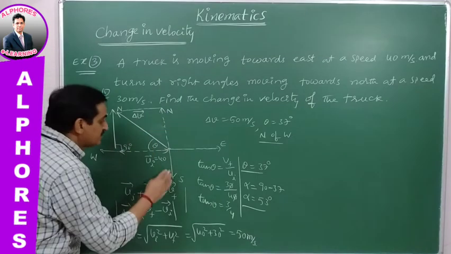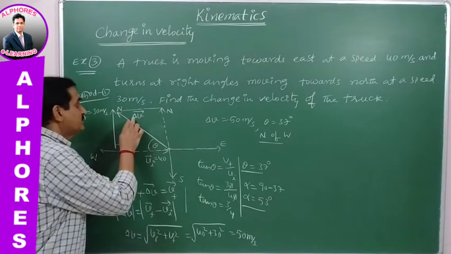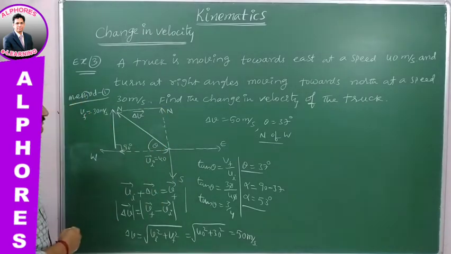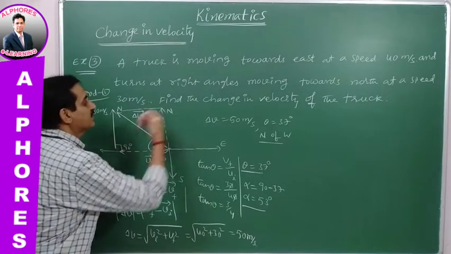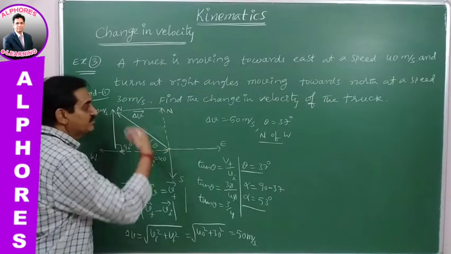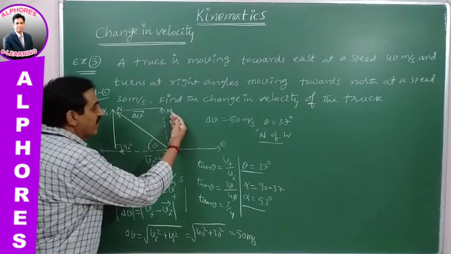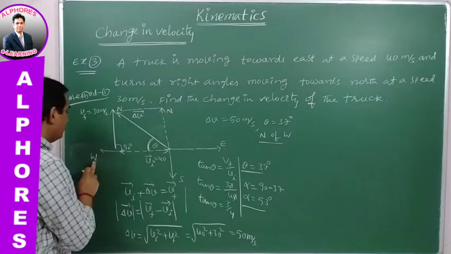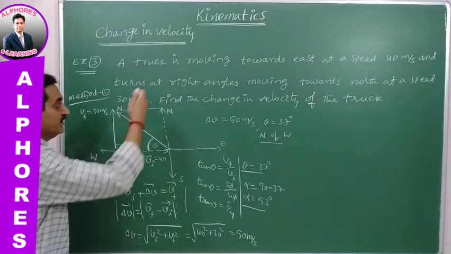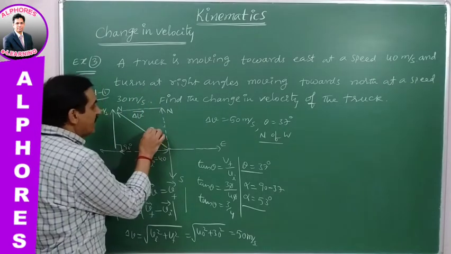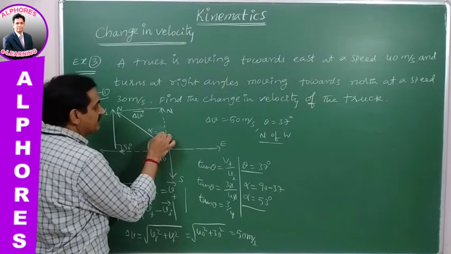In north-south, the change in velocity is towards north or towards south. From the diagram it is towards north. So decide first, and the name starts from north: north of west, because it is actually making an angle with the west direction. And similarly, suppose alpha is equal to 53 degree.